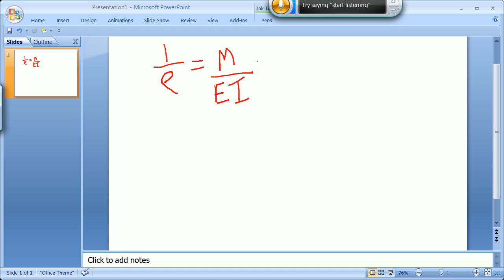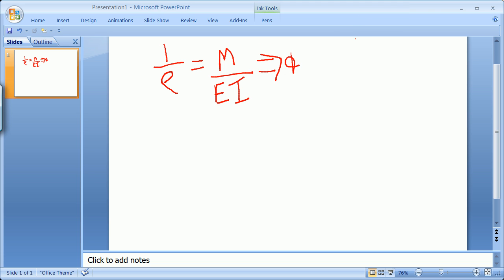We're going to let you know that this equation combined with boundary conditions matters.